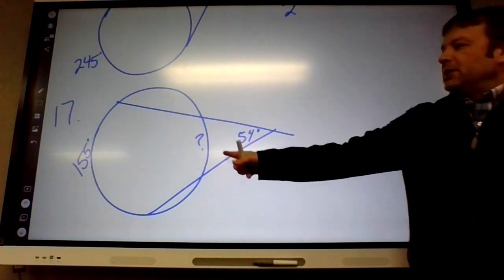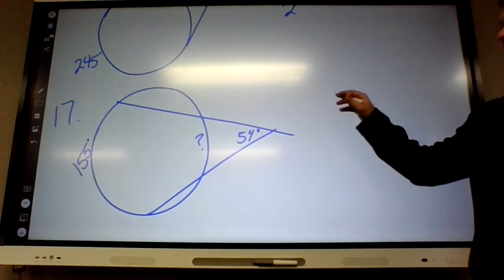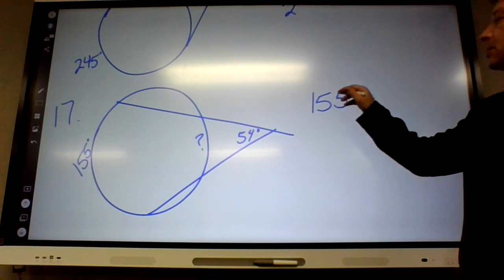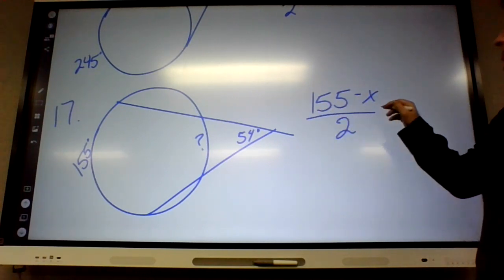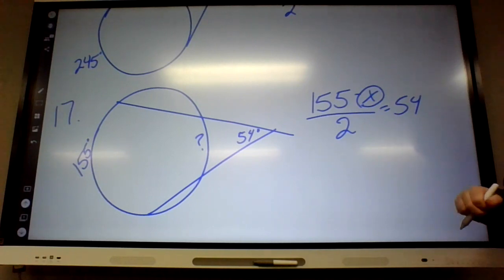Alright, do you guys see what's different about this one? The arc is unknown, so Hope, how can I set this one up? Is it 155 minus x divided by 2 equals 1? Yes. The unknown value is kind of in the middle of the equation. 155 minus blank, minus x, divided by 2.